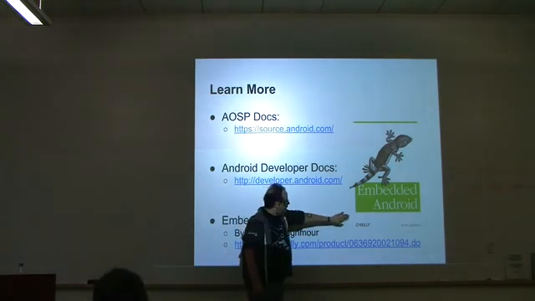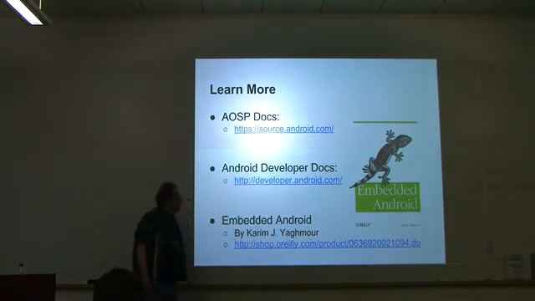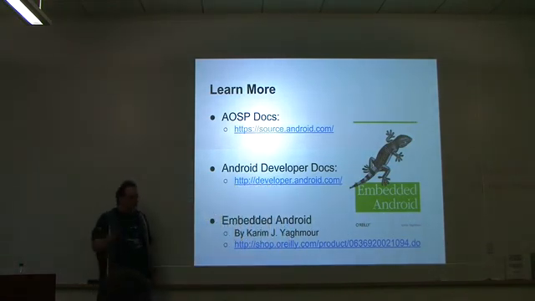I was introduced to this book by Andy Mast, one of my coworkers, Embedded Android. It is a little bit out of date because Android moves fast. It was originally published for the 2.3 version of Android. It was updated for the 4.2 version of Android.